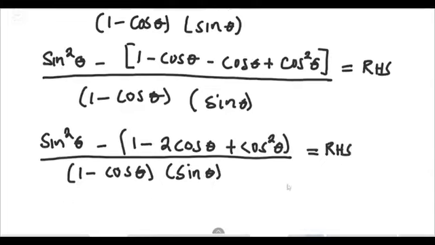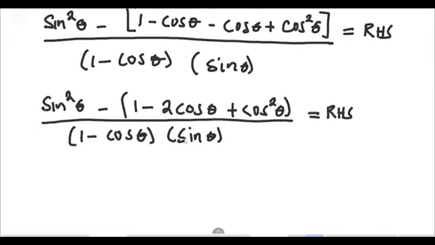Now what are we going to do? You can notice that we have a negative here which can be multiplied with all the terms inside the brackets. So we are going to write sine squared theta. Negative times positive 1 will get negative 1. The negative times negative will get positive 2 cos theta.